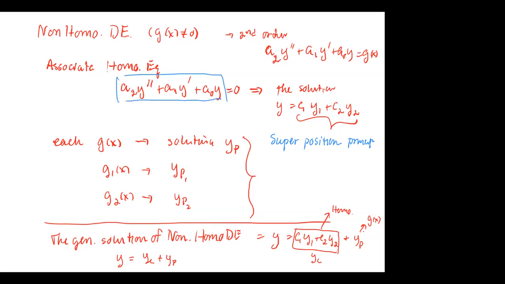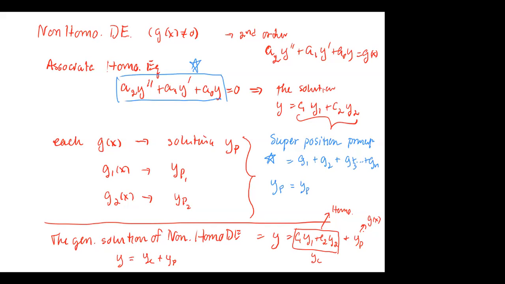So this is my star. The left hand side of the star is the same, but the right hand side is g1 plus g2 plus g3 all the way to gn. That means for the particular solution yp, when you have many g terms on the right hand side, we know each g provides its own particular yp.